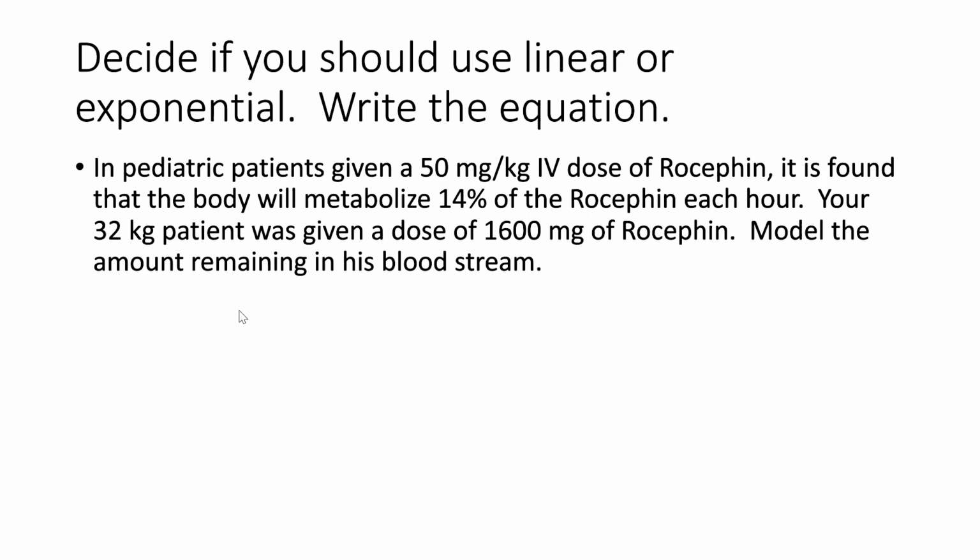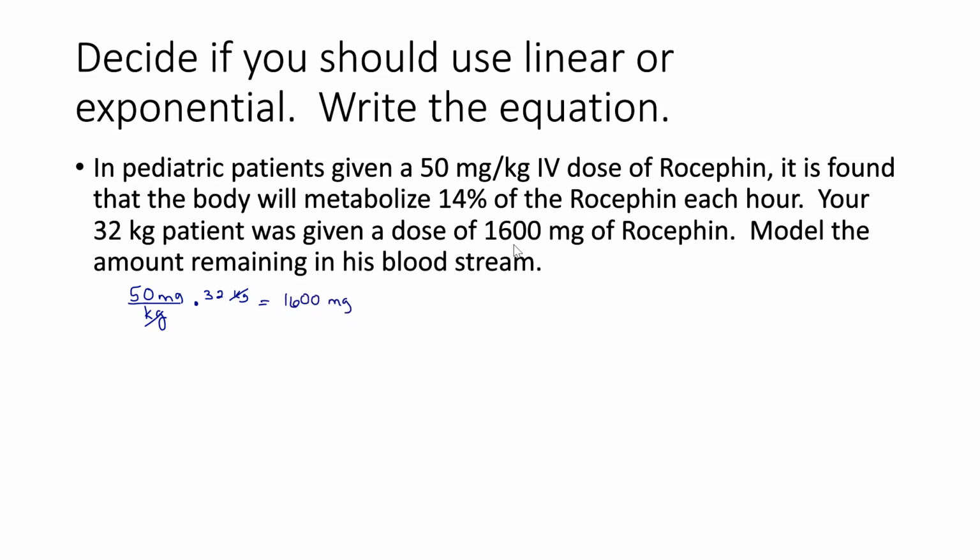As I read through it, the 50 milligrams per kilogram and the 32 kilograms would allow me to calculate the correct dose for this patient. If I set that up and cancel, I can take on my calculator 50 times 32, and that does equal the 1,600 milligrams that was ordered.